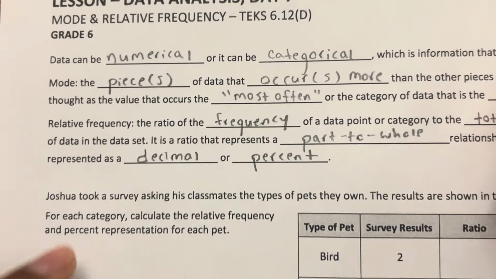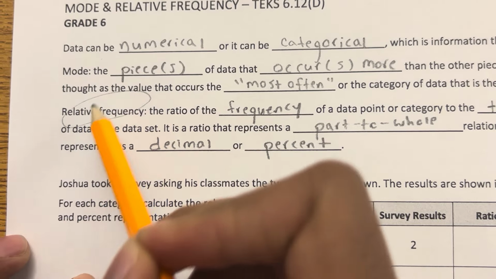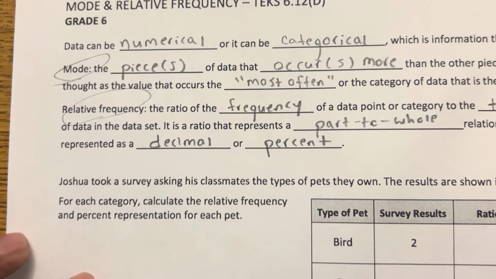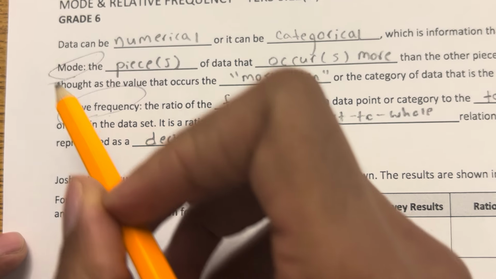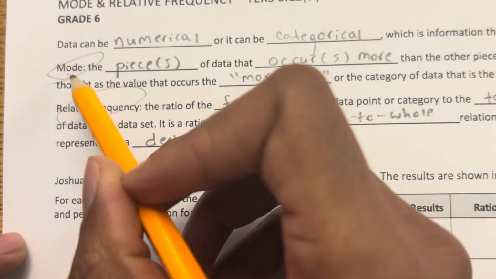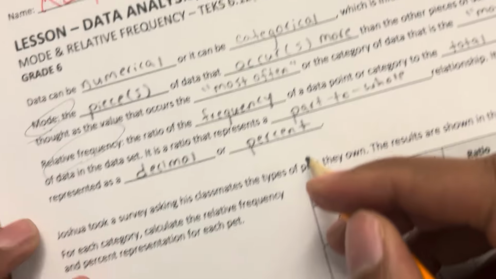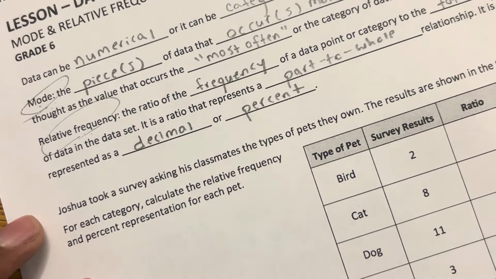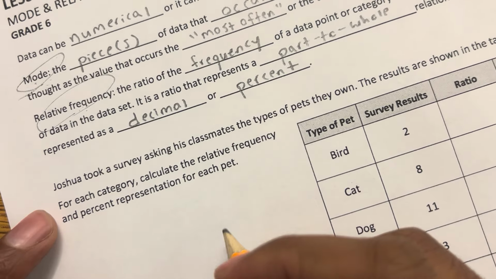I like to think the relative frequency betrays the mode, right? So whatever your highest value for relative frequency is, that will be your mode. So we can even write that here.